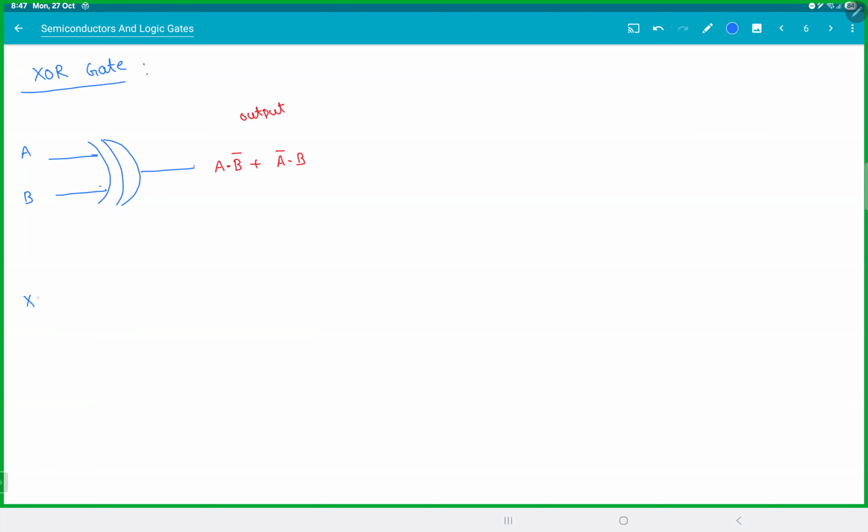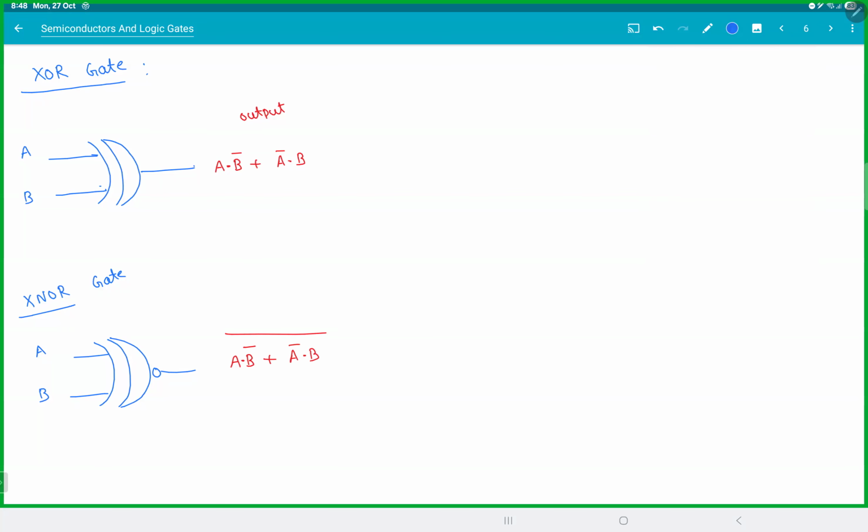If you take XNOR, you put a circle in front of it. Basically, this is the negation of XOR gate, A dot B bar plus A bar dot B, whole bar.